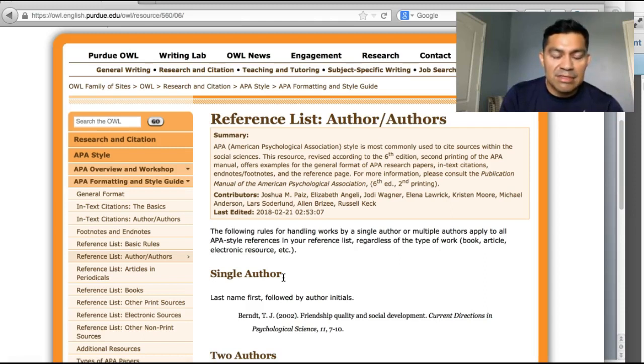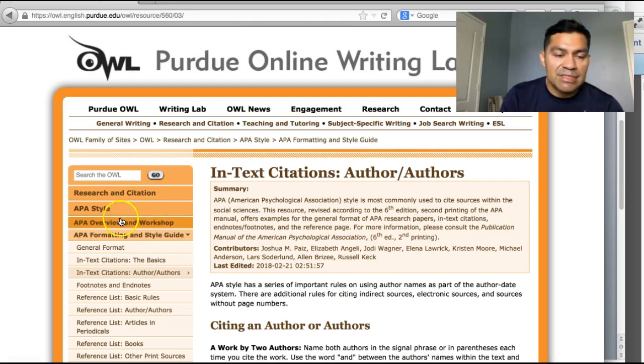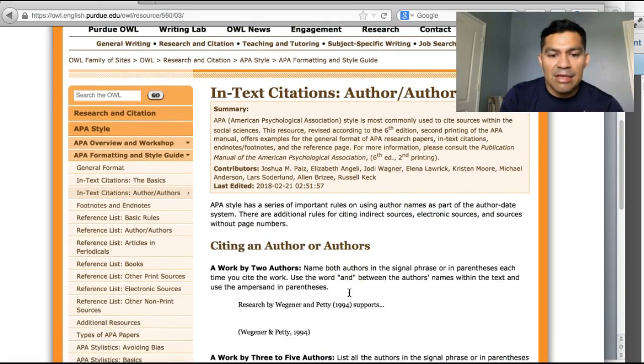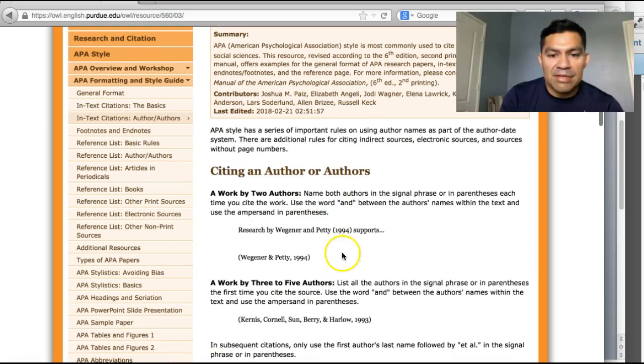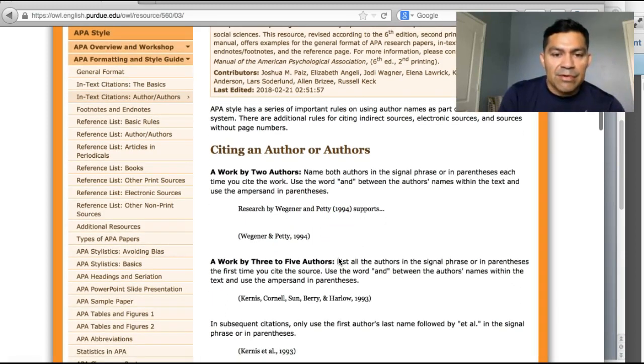It's really easy to navigate. Where I found a lot of the information was in-text citations, and it gives you some examples here. It gives you all the rules. And for your article, you're only going to have one author, so it's going to be pretty easy to do that. So that information should be in here.